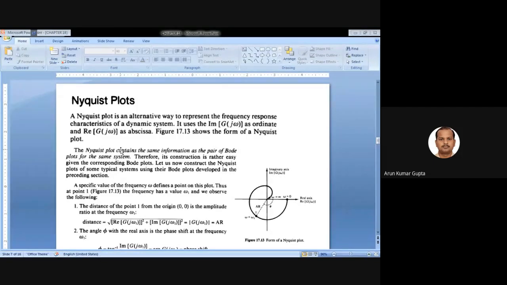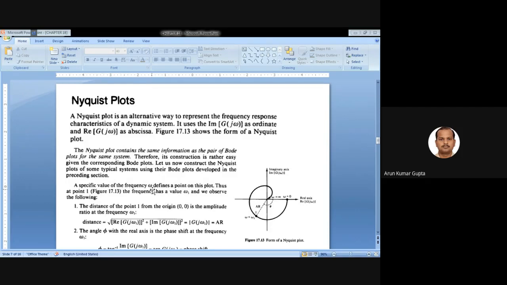One shows the amplitude ratio, and the bottom plot shows the phase angle. But in the Nyquist plot, both pieces of information are plotted in a single plot. So the Nyquist plot contains the same information as a pair of Bode plots for the same system. Therefore, its construction is rather easy given the corresponding Bode plot. Let's now construct the Nyquist plot of some typical systems using their Bode plots developed in the preceding section.